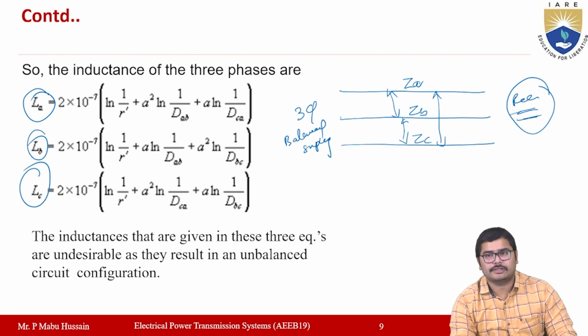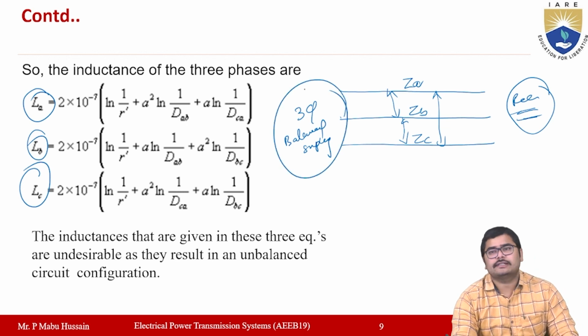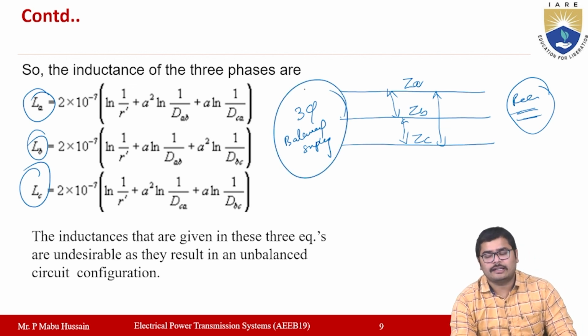So in a three-phase transmission line system, if the conductors are not spaced symmetrically, the values of impedances are not the same because the inductances are not the same. Because of that, even if you supply a balanced three-phase supply at the sending end, you will not get balanced voltages at the receiving end.